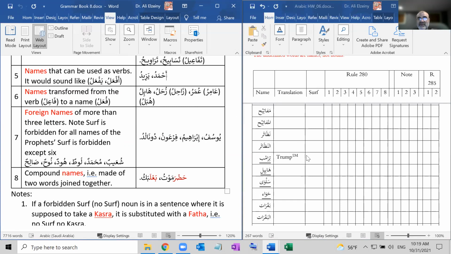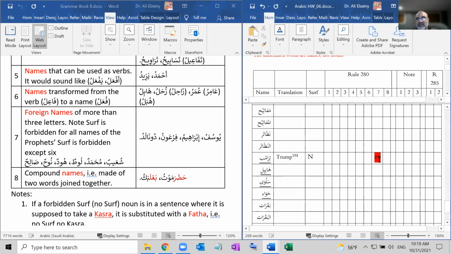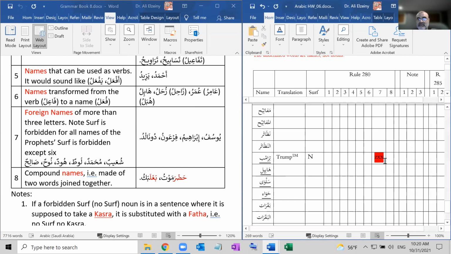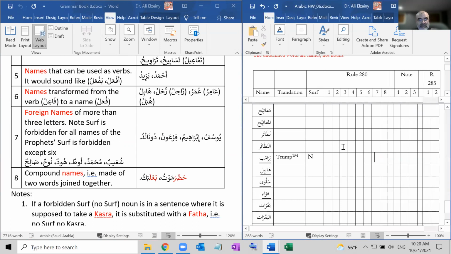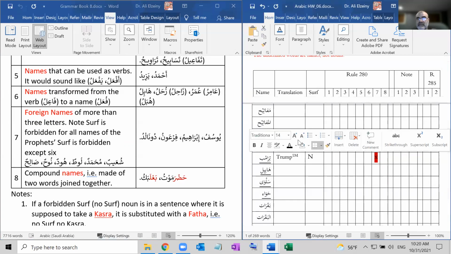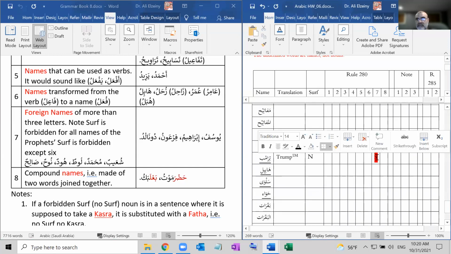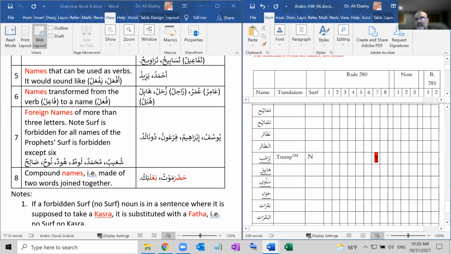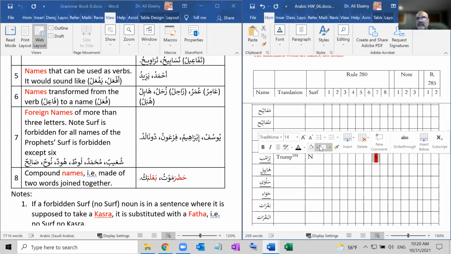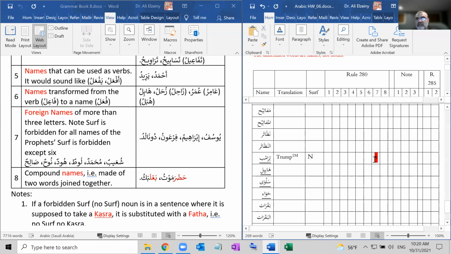Okay, so sarf is not allowed because it's a foreign name, which is case number 7. I have no idea why this thing is red.